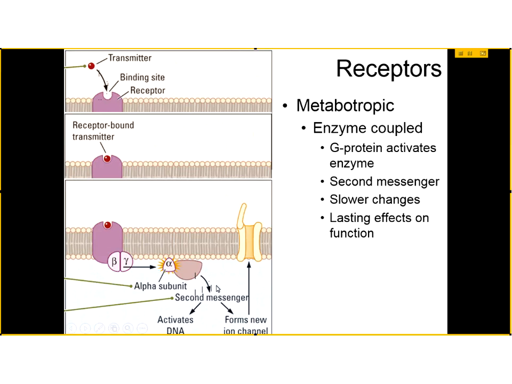So this is another messaging system within this postsynaptic neuron that can then translate to activate DNA. That means you can build new ion channels, you can build more neurotransmitter, you can build other types of things that this neuron needs, because you're activating the DNA. So while it may have very slow changes, it can have lasting effects.